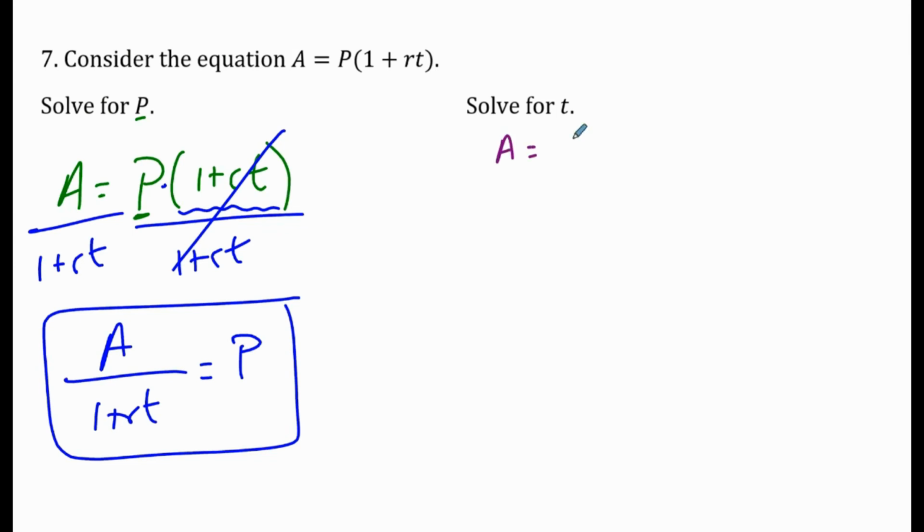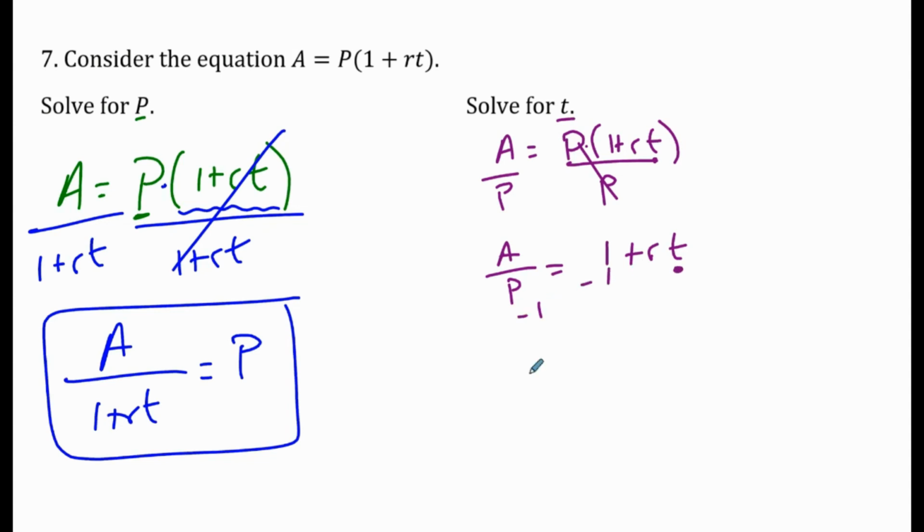A equals p times 1 plus rt. Same equation, but now let's solve for t. Let's get t all by itself. So I don't want to deal with that multiplying by p, so let's divide by p. A over p equals 1 plus rt. Here's t, I got to get it alone, so let's subtract 1.